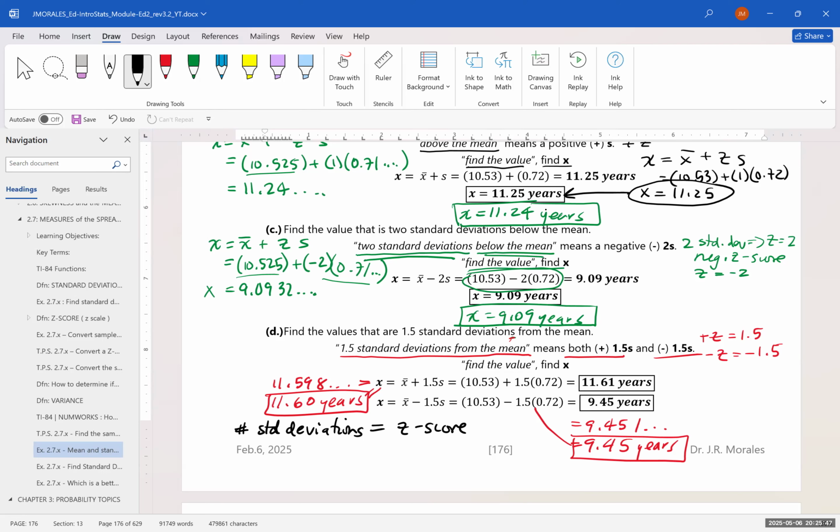Okay, so for example, 2 standard deviations is equal to a z-score of 2. It could be +2 and -2. Okay, if you want a value that's 3 standard deviations, then that's going to be z equals 3.